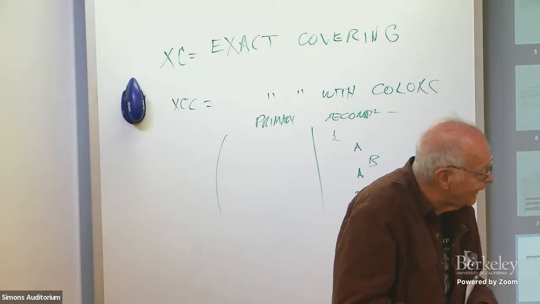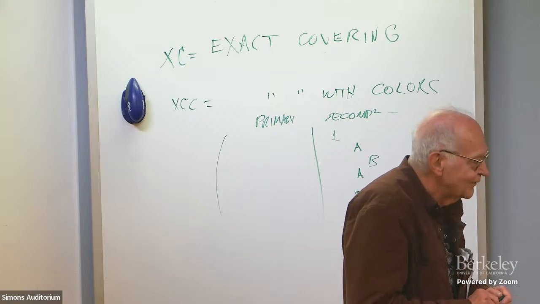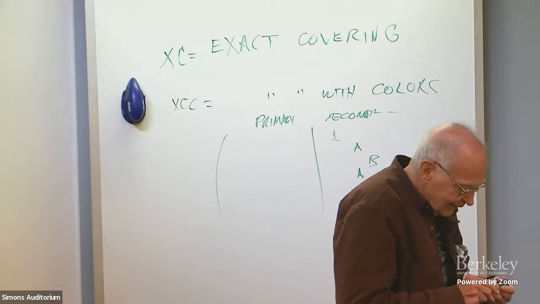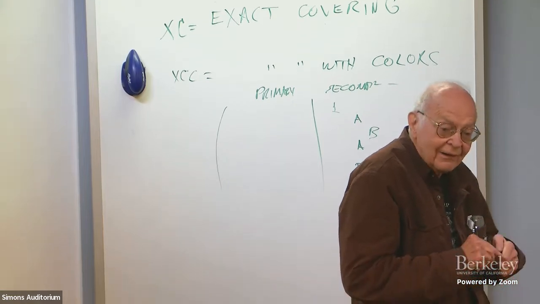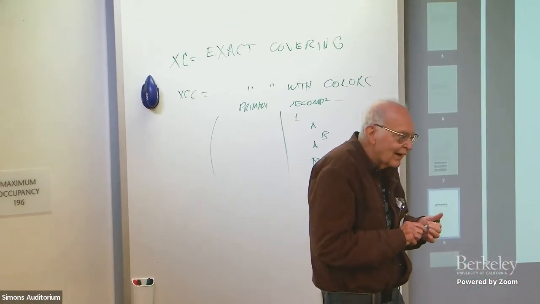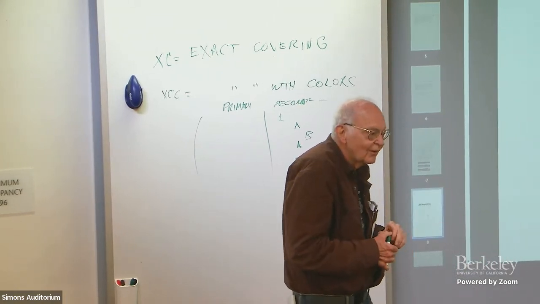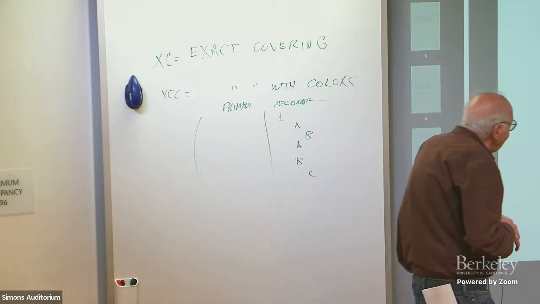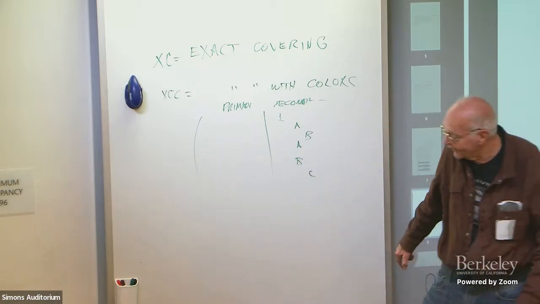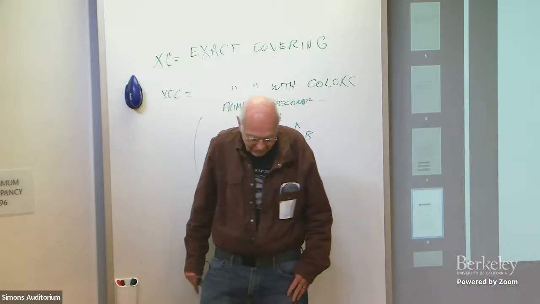But then, as I started working with it, I started to realize this was a really powerful model, and it was really good at stating more and more problems. And so as years went on, I thought of more and more cases where these XCC problems were applicable.